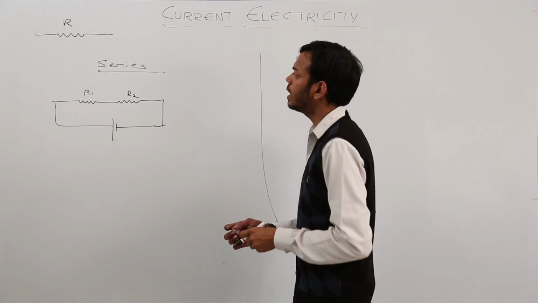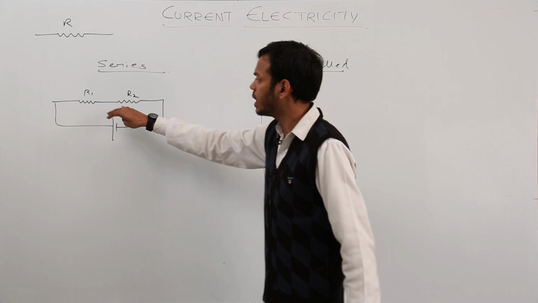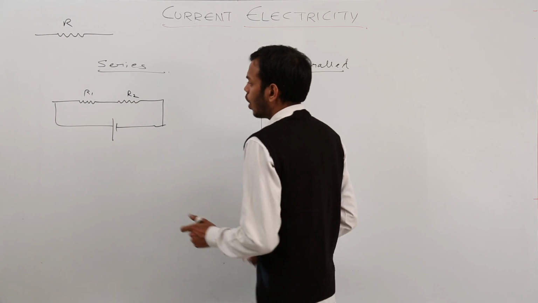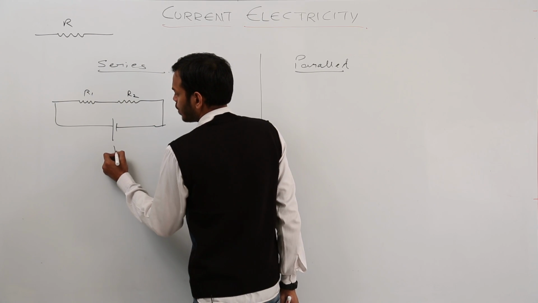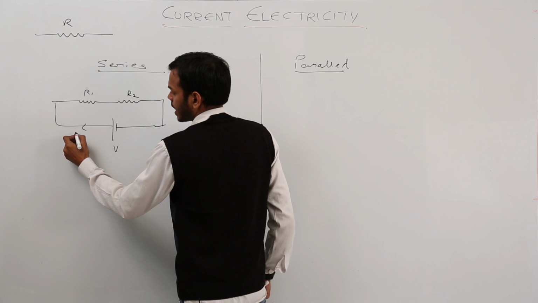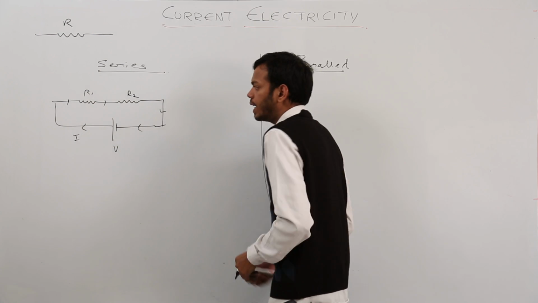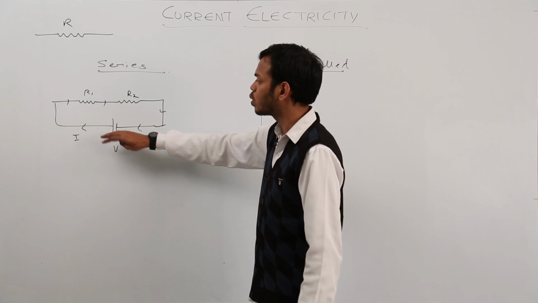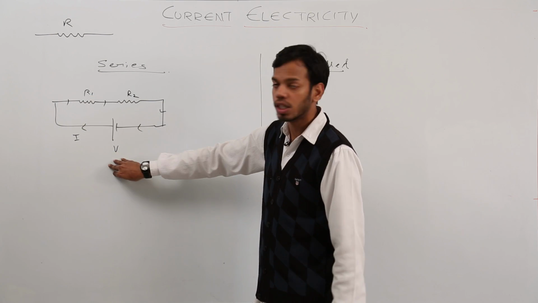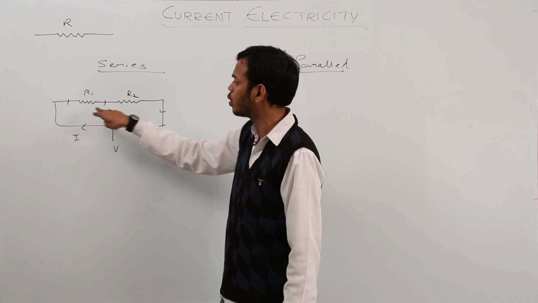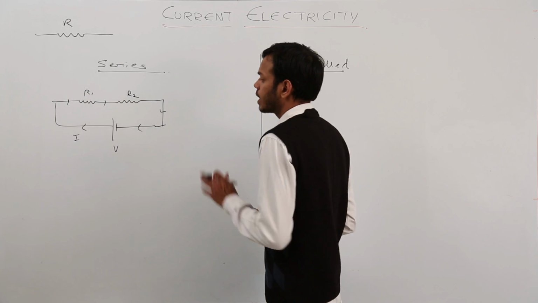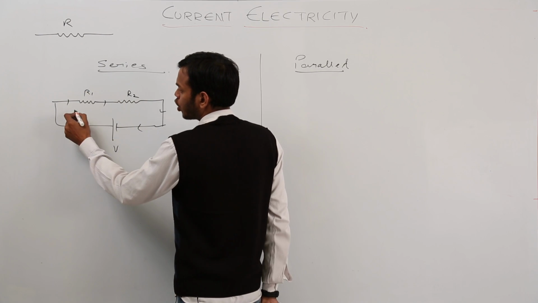What are we trying to find? In a series combination, what would be the net resistance? So how do you find it out? Voltage V, this current I flows in this circuit because current does not have any other path to follow. So whatever current this source is providing, the same current is going to pass through each of the resistors, right? So what will be the potential drop here?